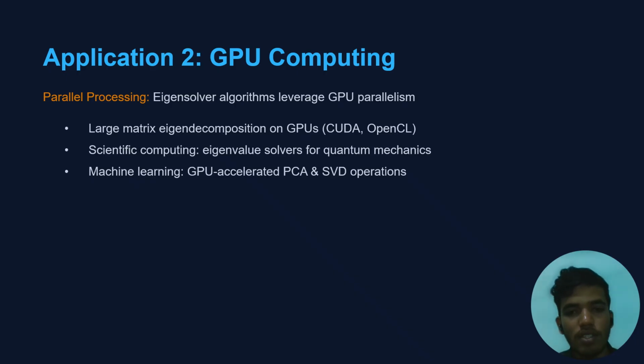When we compress or zoom in or zoom out images, beyond this process and principle, in scientific computing eigenvalues help solve quantum mechanics. It is one advantage of eigenvalues and eigenvectors. In machine learning, there are GPU accelerated PCA and SVD operations. There are special operations.